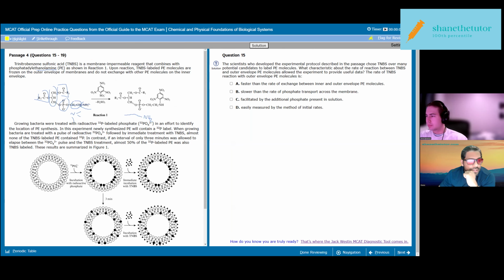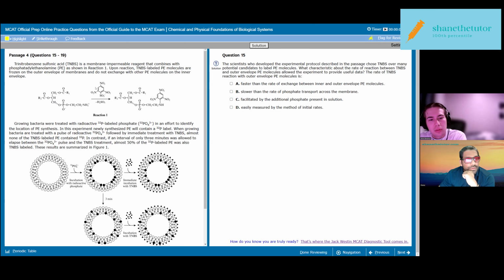Okay. Good. So you recognize those functional groups. Now, which molecule is this over here, the TNBS? That's P. Okay, where's the TNBS?